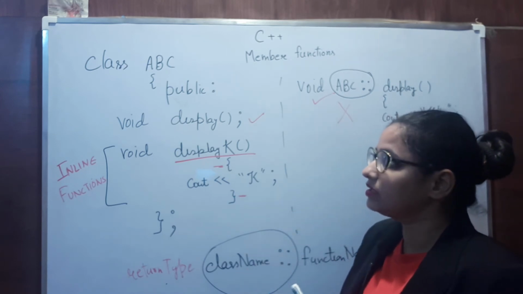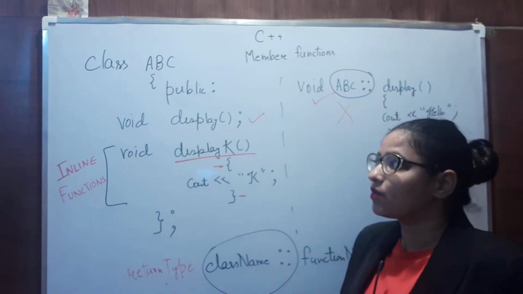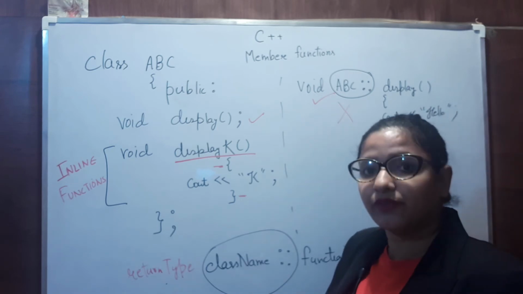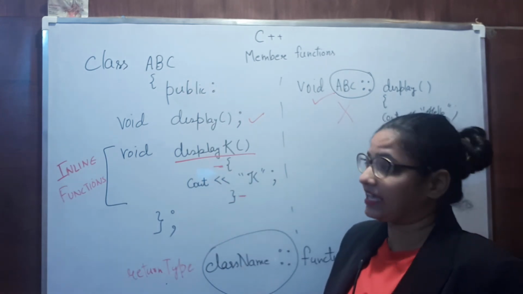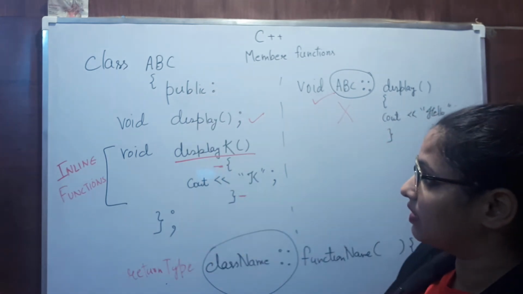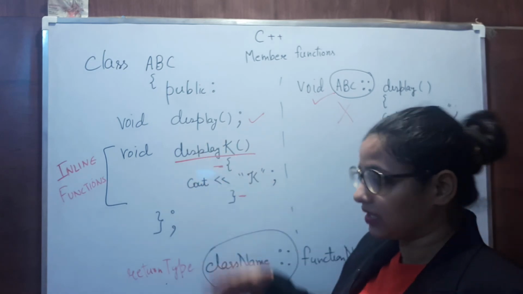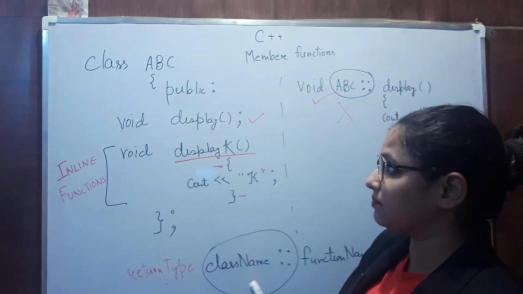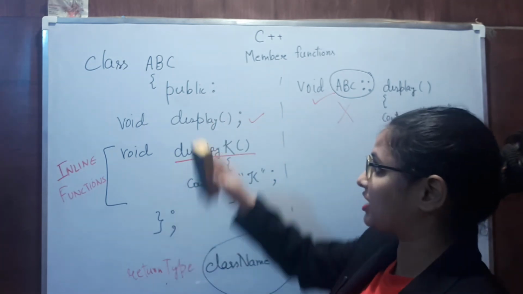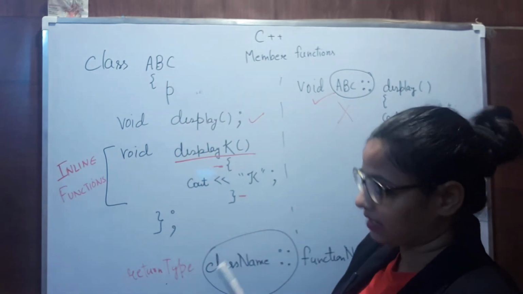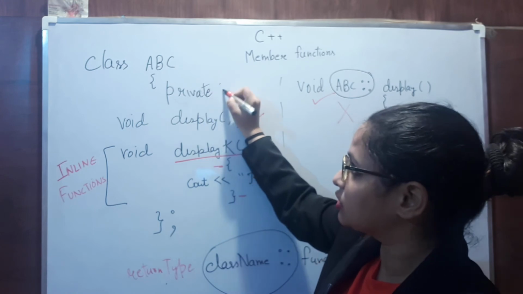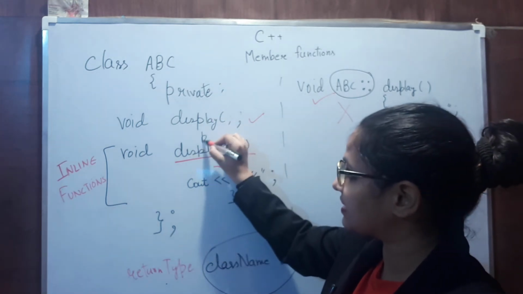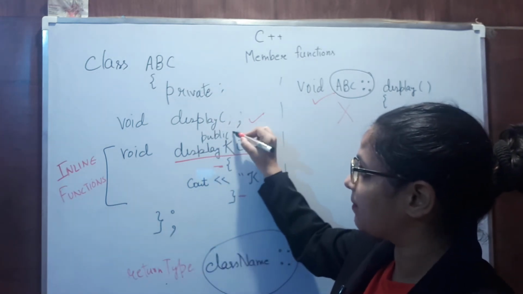The next point is we can declare function inside public section or in private section. For example, display and displayK, here both are in the public section, but we can have function in private section as well. Suppose here I remove public and make it private, and displayK is public.